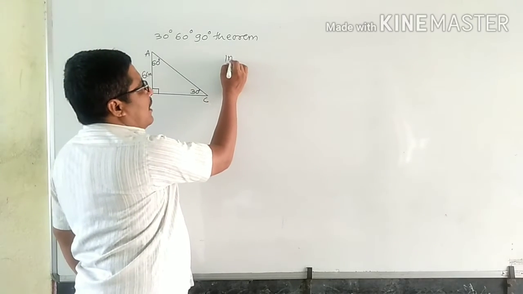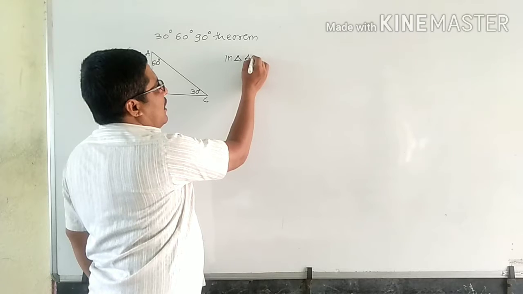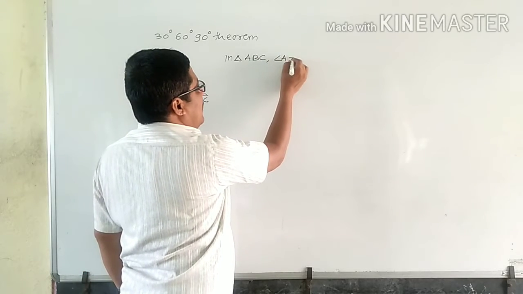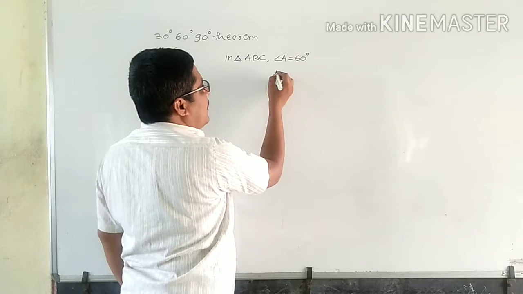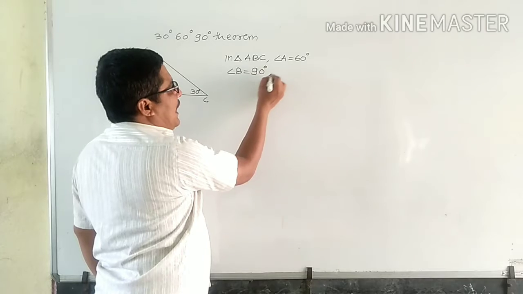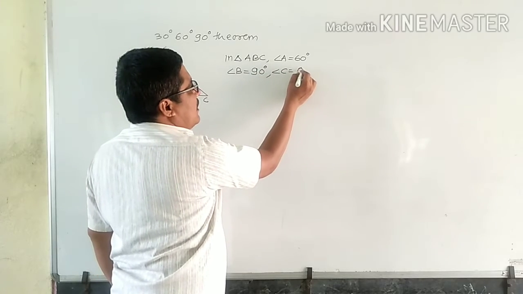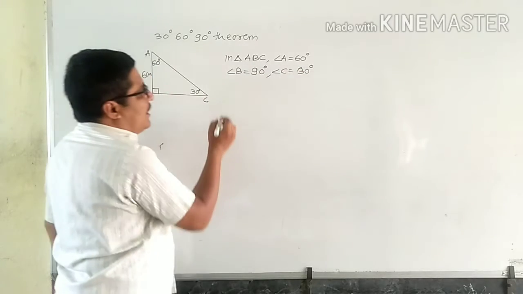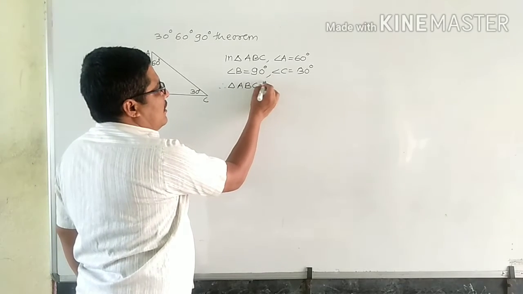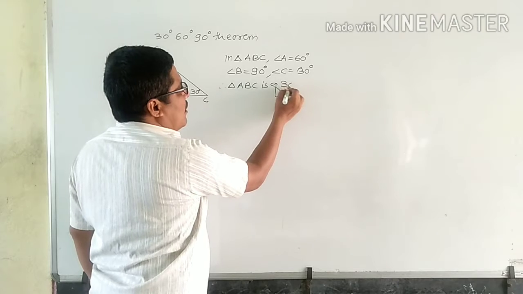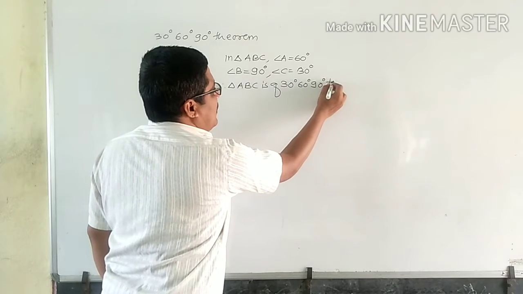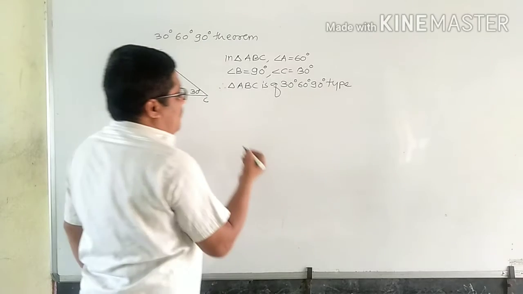So in triangle ABC, angle A is equal to 60 degree, angle B is equal to 90 degree, angle C is equal to 30 degree. Therefore triangle ABC is of 30, 60, 90 type.